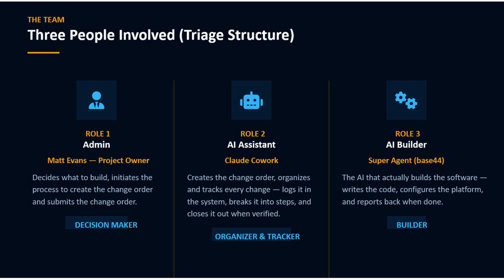So essentially there are three players involved: role one, role two, role three, two of which are AI agents, and me, the project manager, and that's it. This is the entire project team for executing and developing software. A triage structure, tri means tricycle, three.